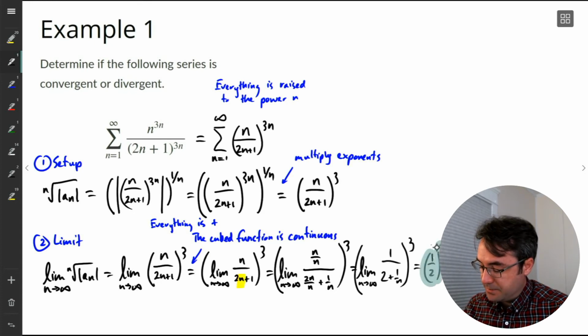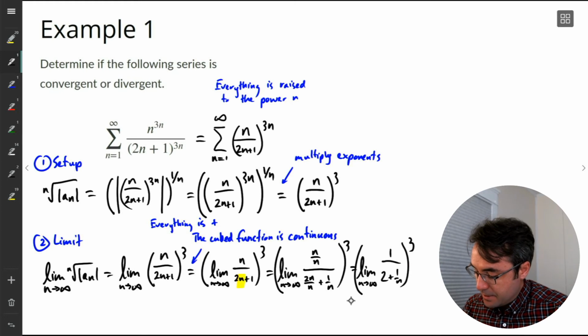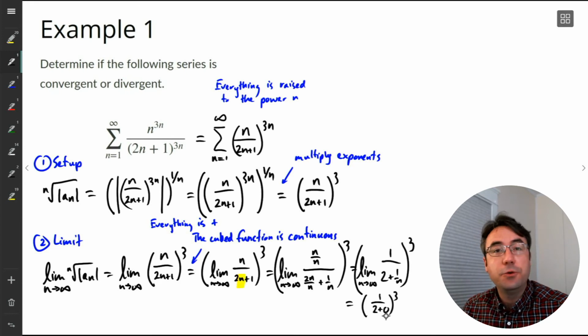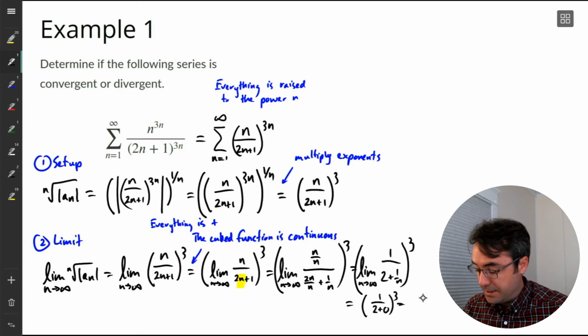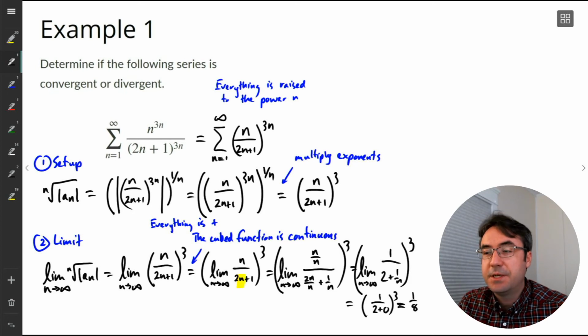Ran out of space there, so we'll put it underneath. So this ends up being 1 over 2 plus 0, cubed, which simplifies to just 1/2 cubed, or 1 over 8. So that's equal to 1 over 8.